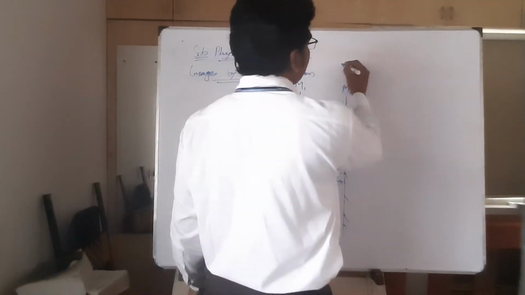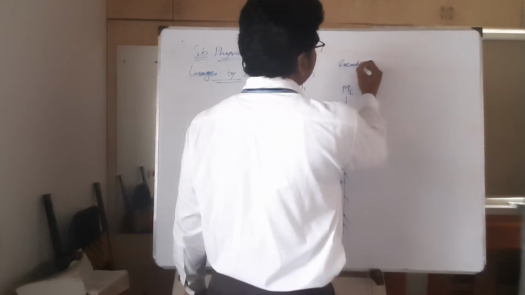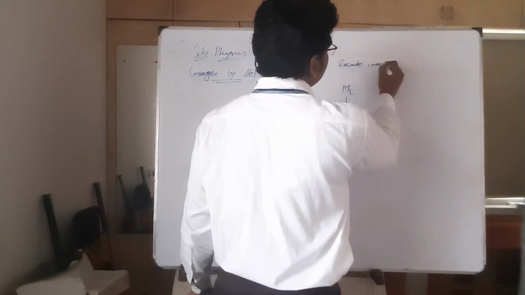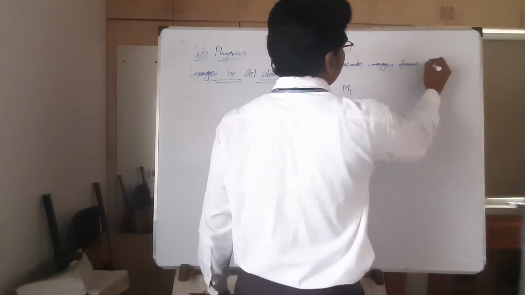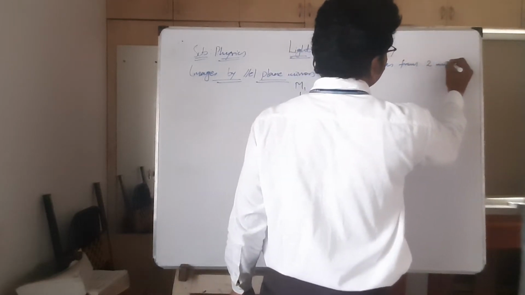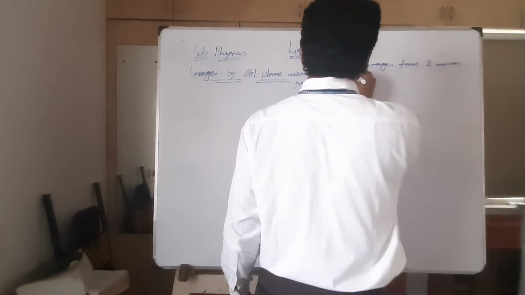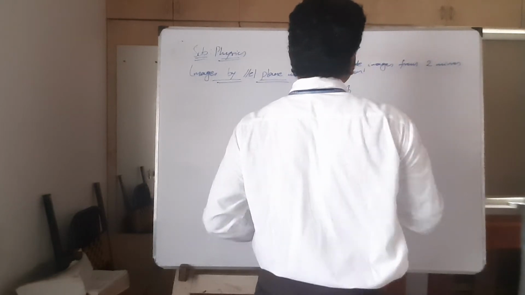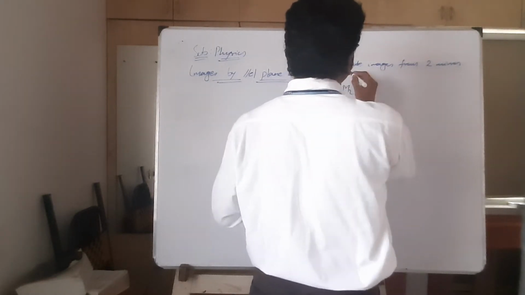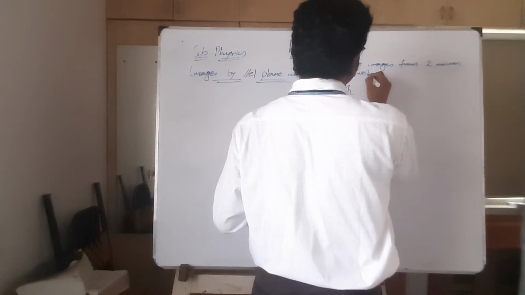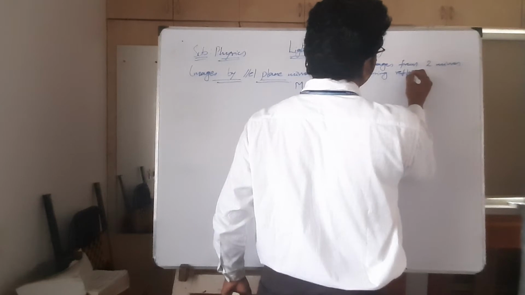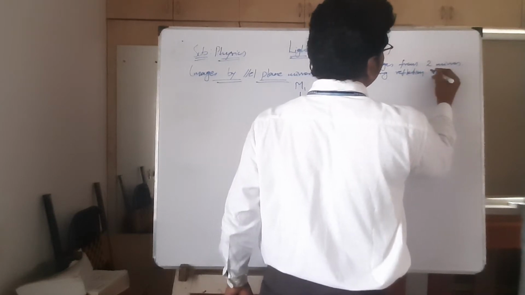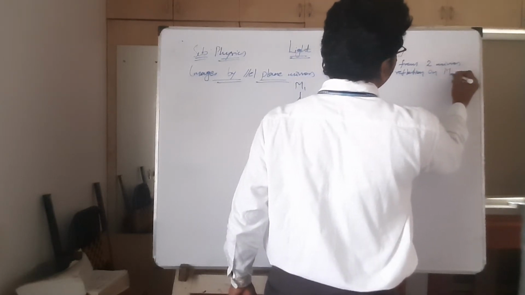So here the question: locate images from two mirrors considering reflection on M1 first.